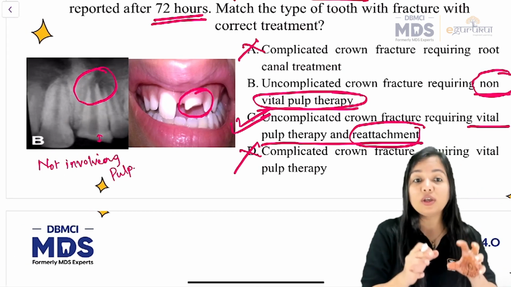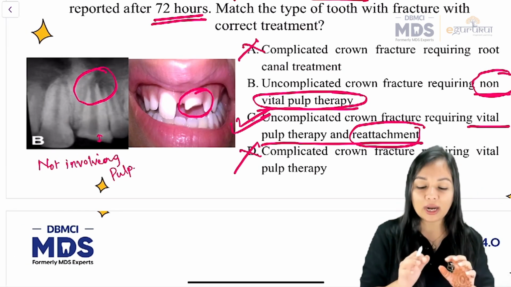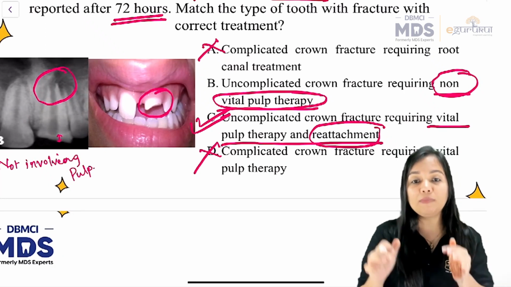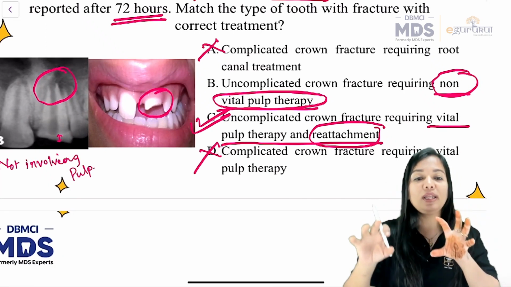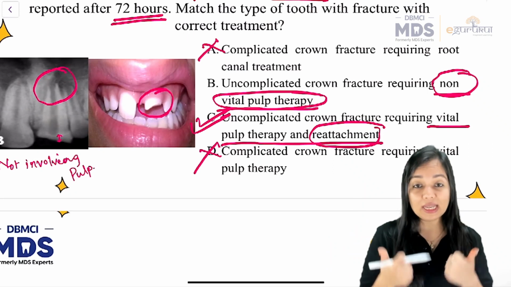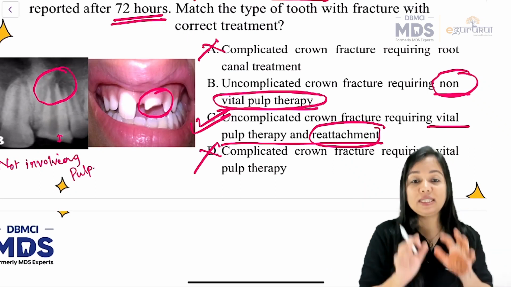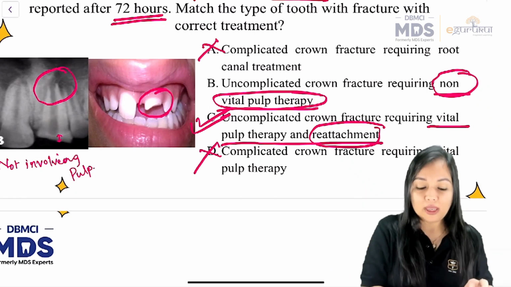The tooth from inside is perfectly all right. Is that clear? So that makes C the correct option for this. Clear?